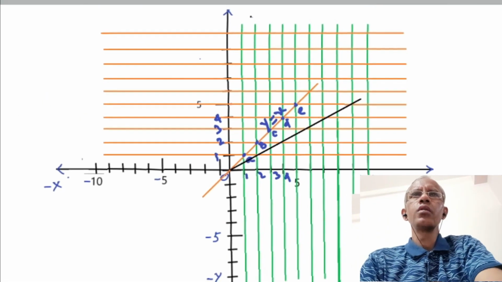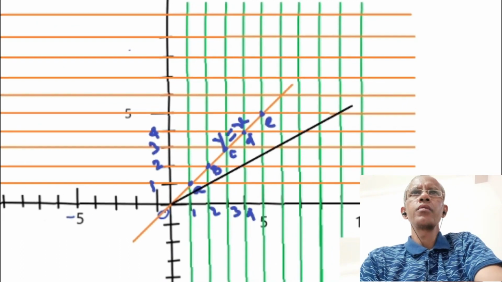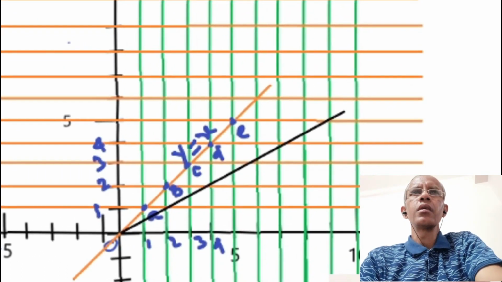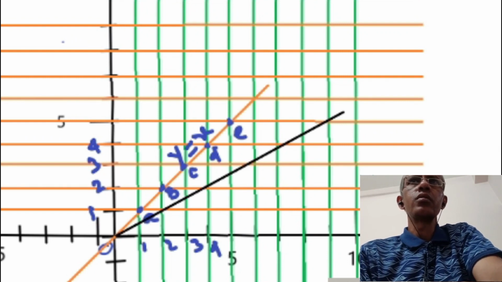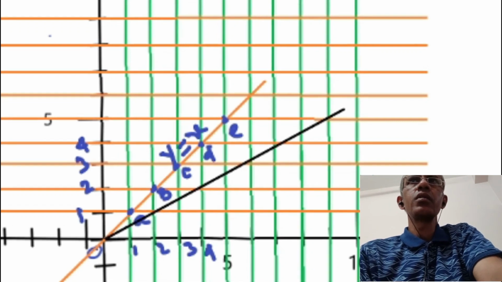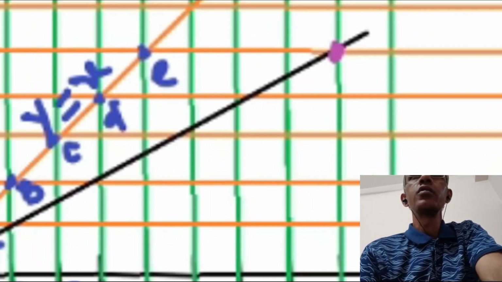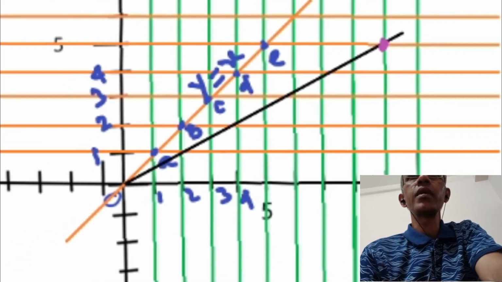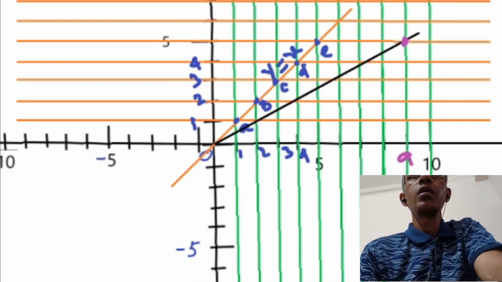So in this we'll consider the points which are made by the exact intersection of the two axes, x-axis and the y-axis. So let's take this point. For this, the value of x-axis is 9 and that of y-axis is 5.